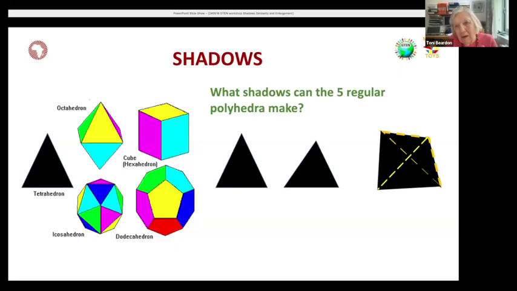I've drawn the yellow dotted lines which show you the edges of the tetrahedron, but one of them is at the back, so you wouldn't actually see that. You just see how the tetrahedron could make a shadow that could be a quadrilateral.